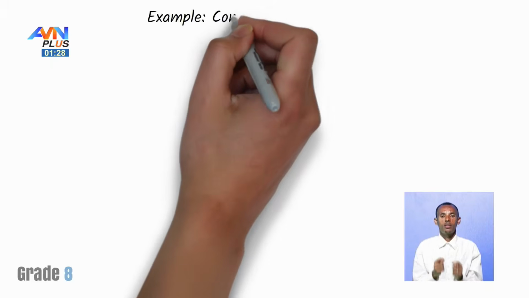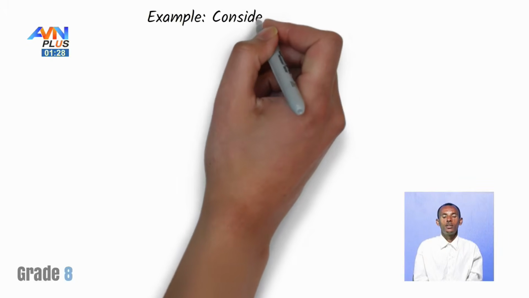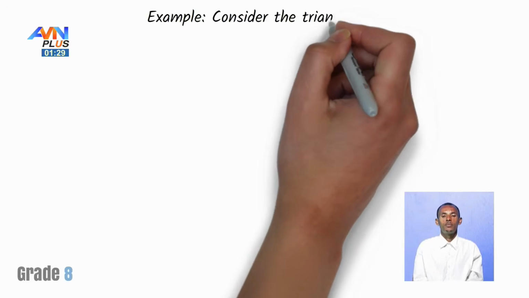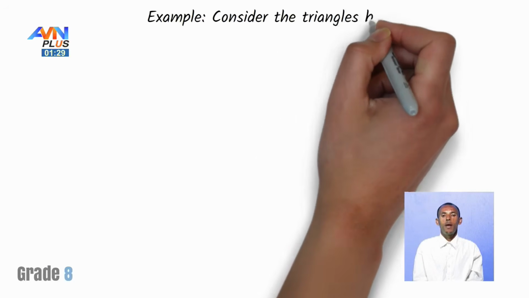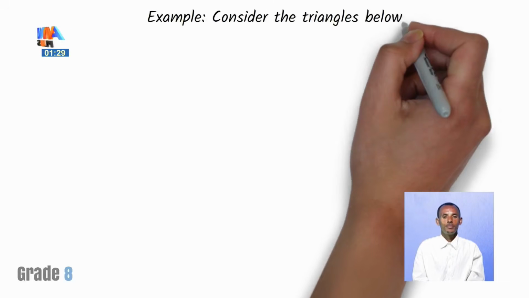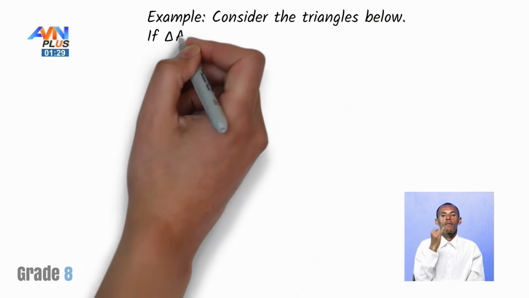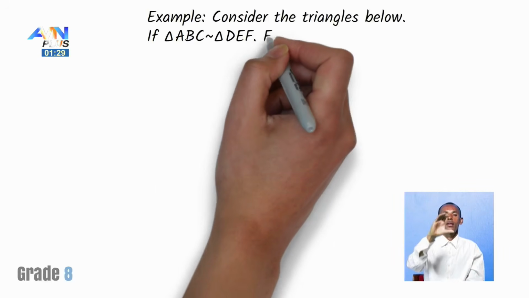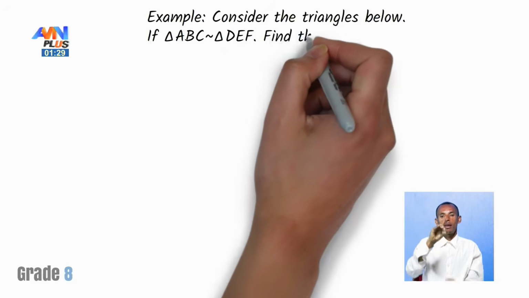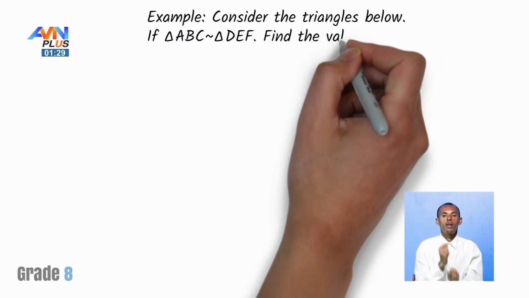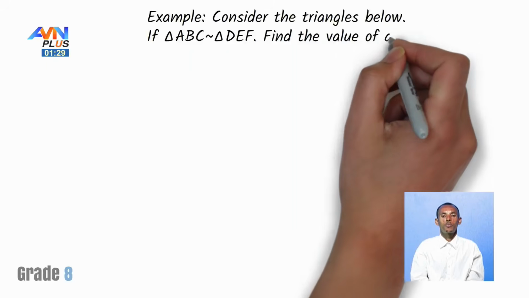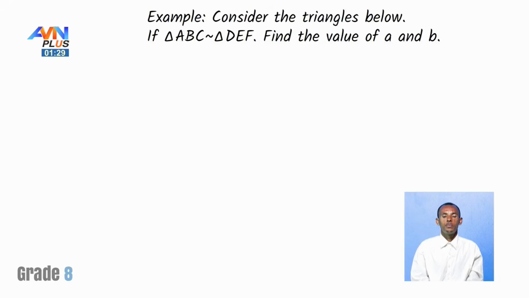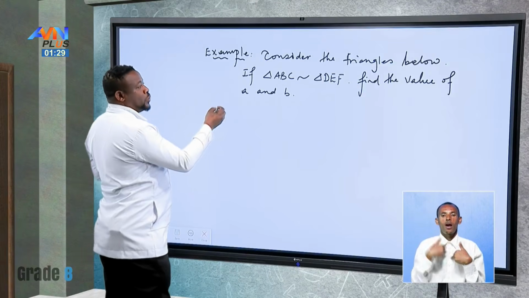Consider the triangles below. If triangle ABC is similar to triangle DEF, find the value of A and B. Here we have two triangles which are similar.